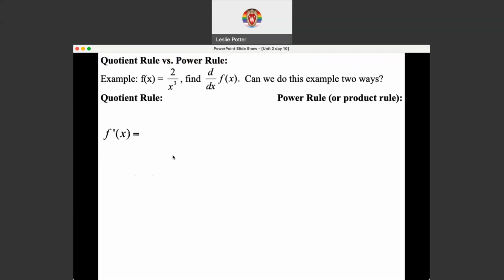So let's talk about this. Let's first do our quotient rule because that's our new thing that we learned. So low D high, right? The derivative of the top is 0 because it's constant. So low D high minus high D low all over low squared. Every time I say we never have to do something, there's always an exception, right?